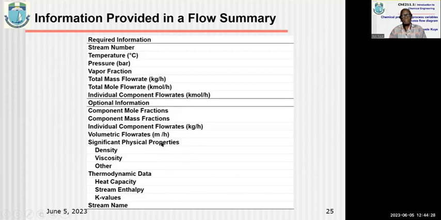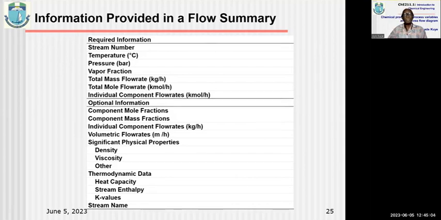Well, before we do that, this is just telling us the typical information that is provided in the flow summary. Stream number, temperature. Remember that we have put the bar here as a unit of pressure. In most process industries, they mix the units. Some still use the FPS unit, some use the SI unit.